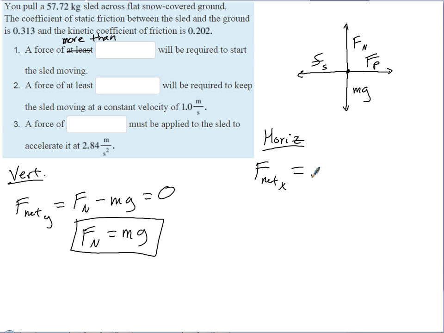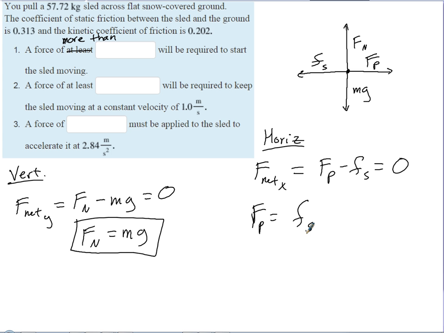Okay, what about horizontally? So horizontally, it looks like we got a pushing or a pulling force in the positive direction and a negative frictional force, right? So the net horizontal force is just pulling force minus static frictional force. And we're going to say that's zero, right? Because we're going to find out what is the threshold there. What's the maximum static frictional force that we have to overcome? So if we solve for pushing force or pulling force, which is what we're really trying to find, we just get pulling force equals static frictional force, right?